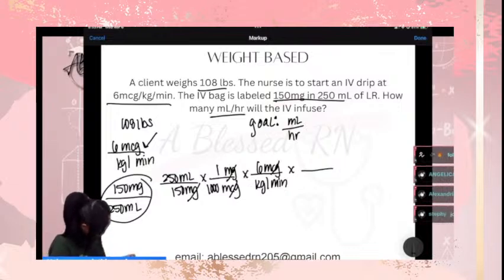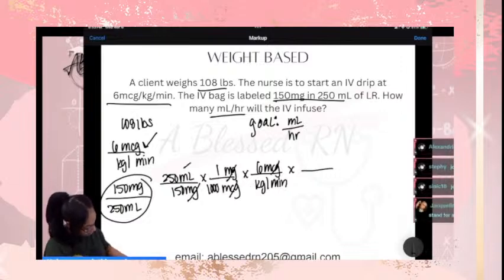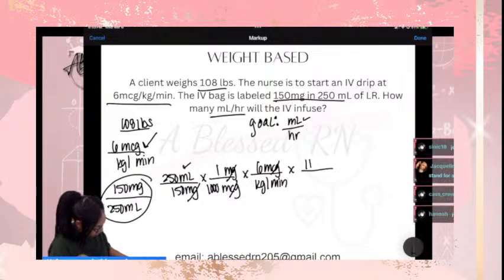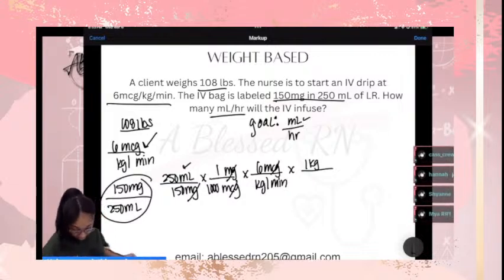All right, so kgs and minutes are at the bottom. We already have milliliters because remember we started with what we were looking for, and now we just need to get rid of these kilograms and these minutes. So we have our weight right here. Weight can't be in hours.